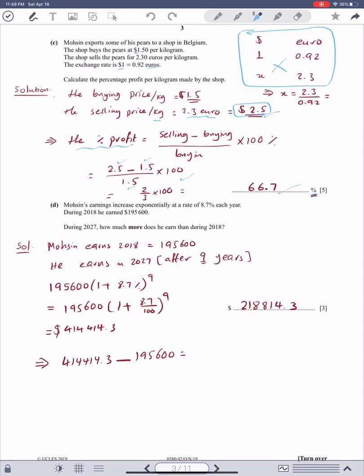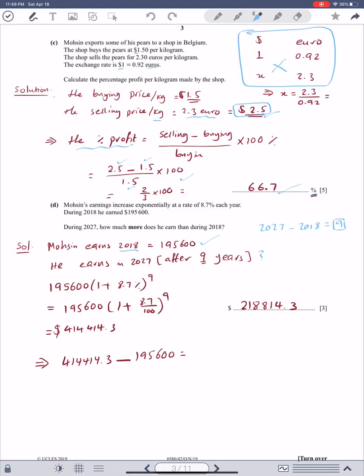More. So what do you have to do in this part? In 2018, he earned $195,600. We calculate now how many dollars he will earn in 9 years, from 2018 to 2027. It's 9 years.